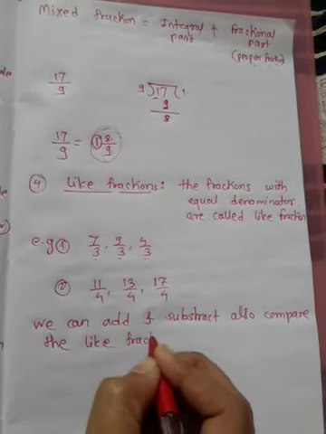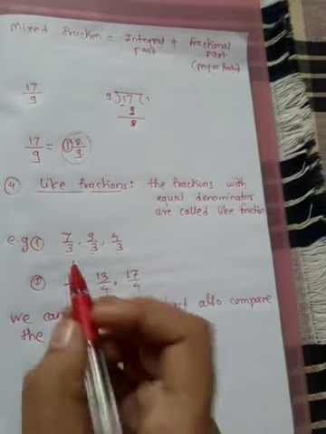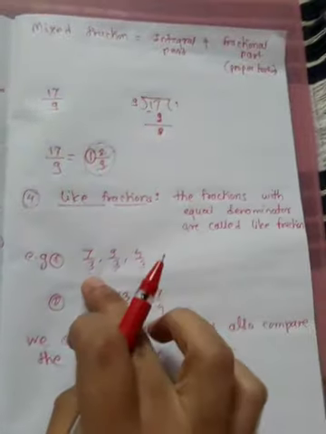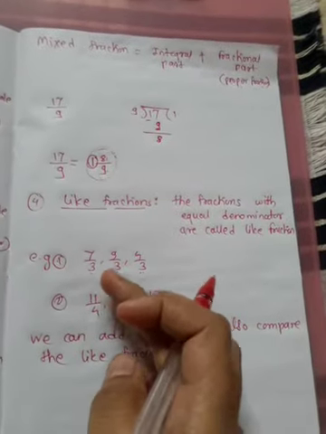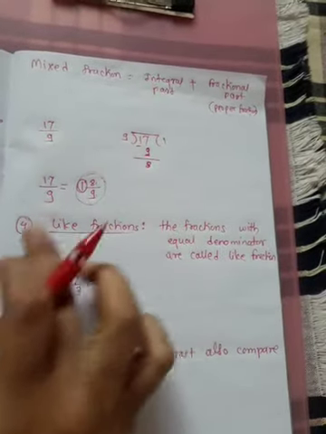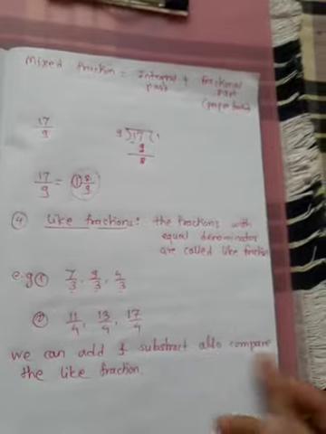Means if we take two like fractions, then we can add them, subtract them, and compare them also, means which is greater, which is less. So like fractions can be added, subtracted, and compared.